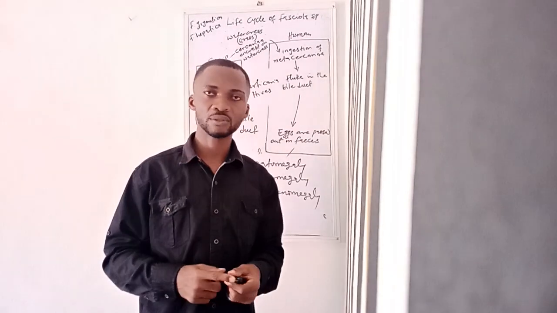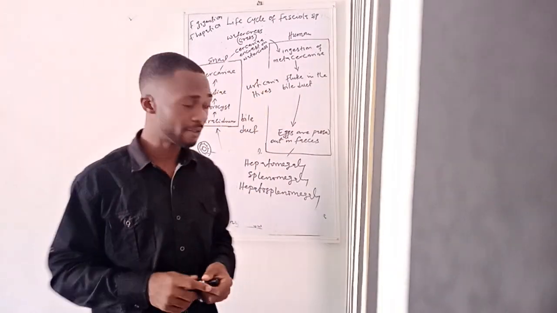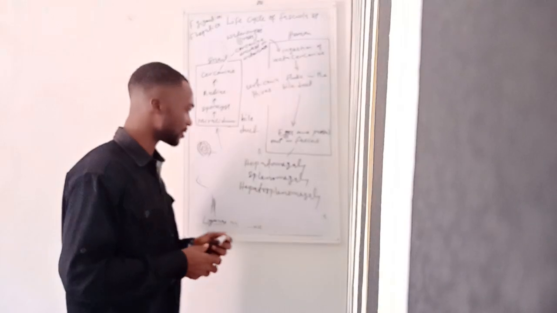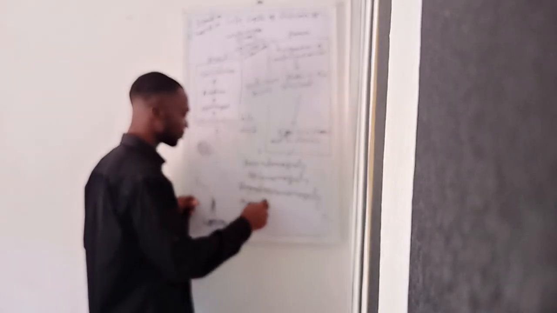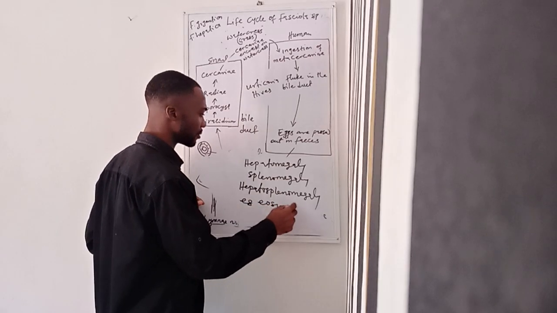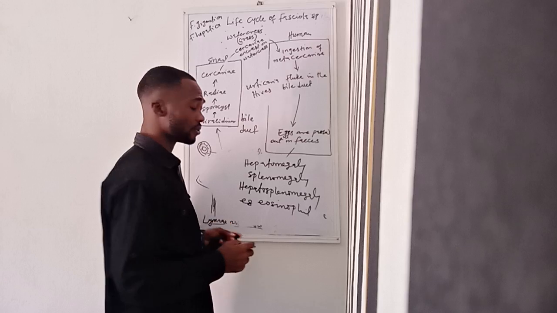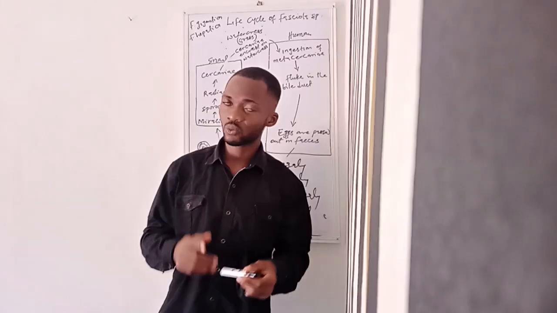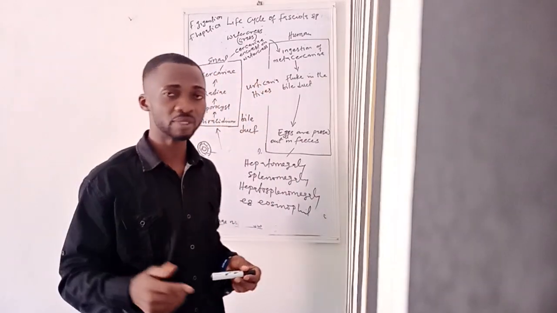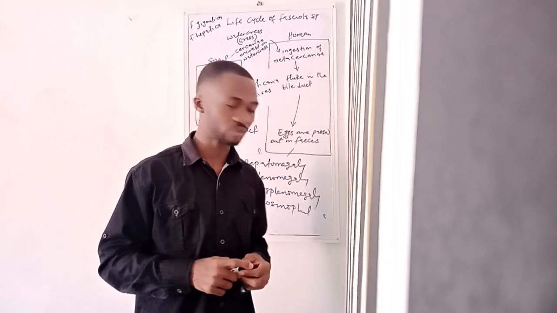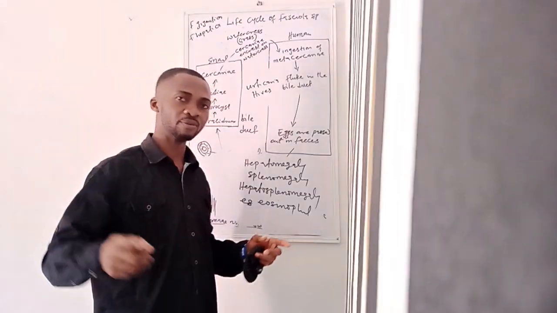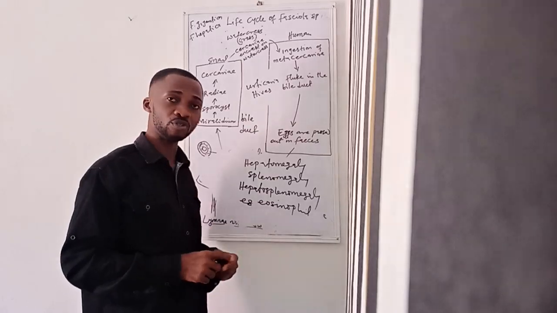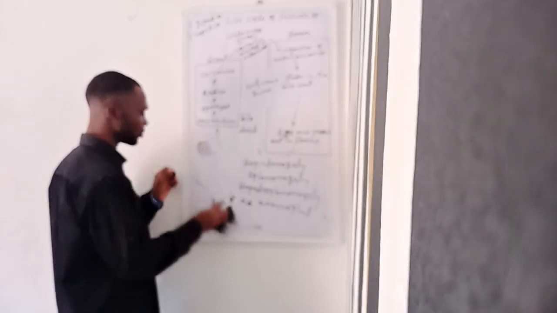Then, of course, another effect of this parasite is that the person may have an increased level of eosinophil. Eosinophil is a type of white blood cell that is usually implicated in parasitic infections. Once there is an increased level of this eosinophil, the condition is called eosinophilia.